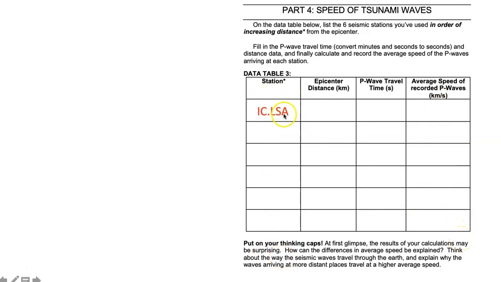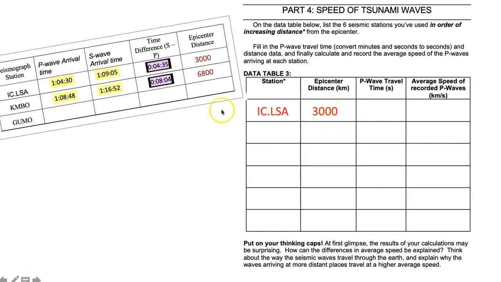I'm going to do the one from China just as an example. I'm not saying that this is the closest station, but we already have data for it. So the first thing you're going to do is put its epicenter distance. Now, how do we know that? Well, we calculated that way back at the beginning, when we had the P and S arrival time difference, and we used the travel curve to figure out the distance. So you're going to put that there.